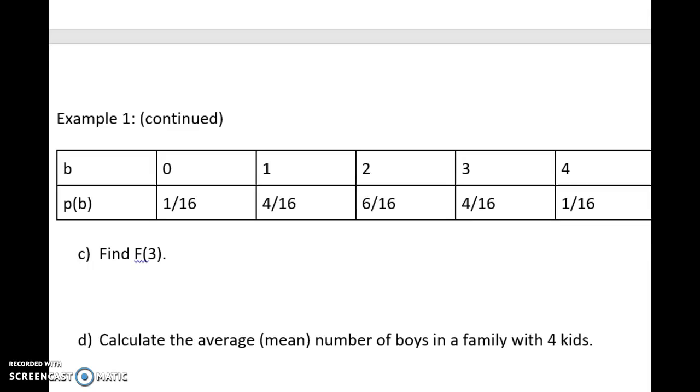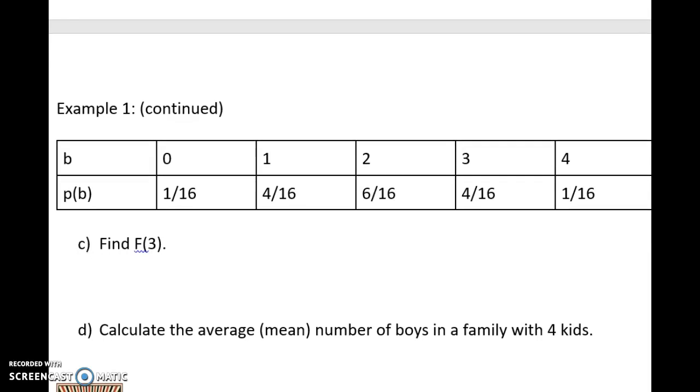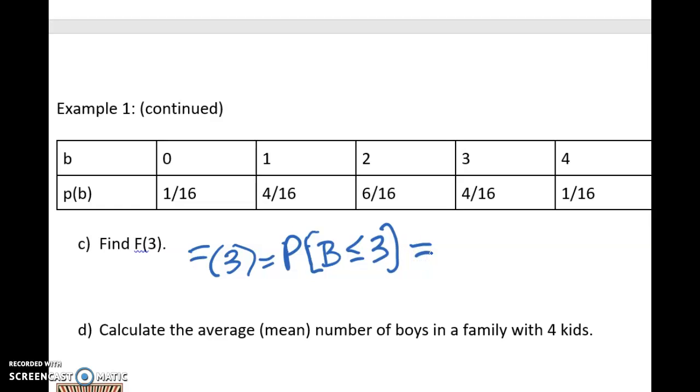So here we have our example, once again, about B being the number of boys in a family of 4 children. If I want to find capital F of 3, that's just a less than or equal to probability. It's the probability that B is less than or equal to 3. So less than or equal to 3, those are the values 0, 1, 2, and 3.